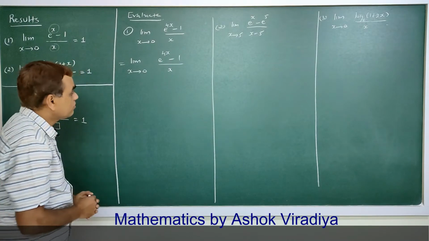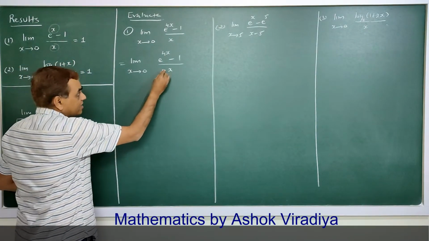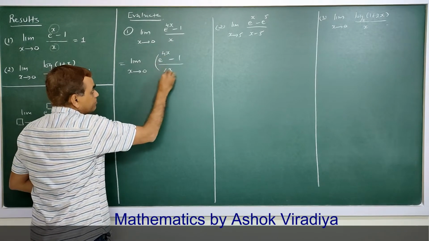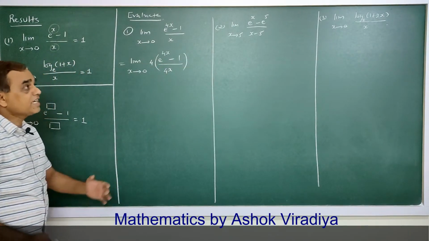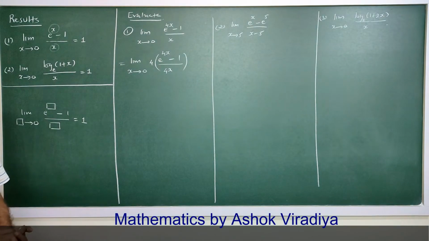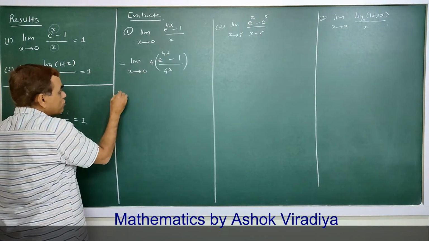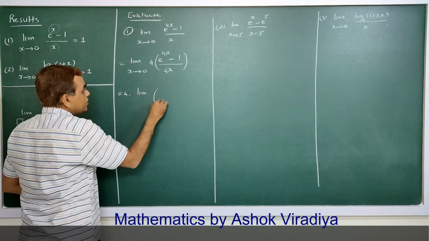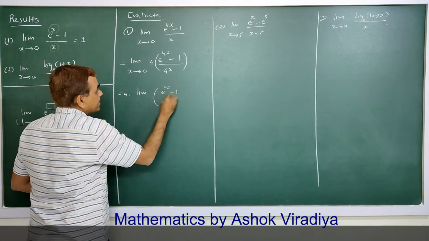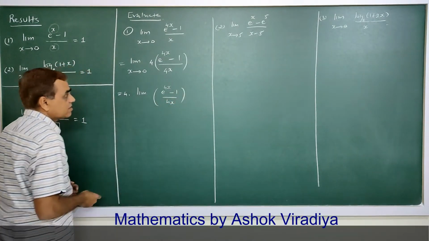So what do we do? To set 4x here, we multiply by 4 and divide by 4. We cannot change the value. Now 4 is a constant, so I am taking 4 outside. Limit e raised to 4x minus 1 upon 4x.